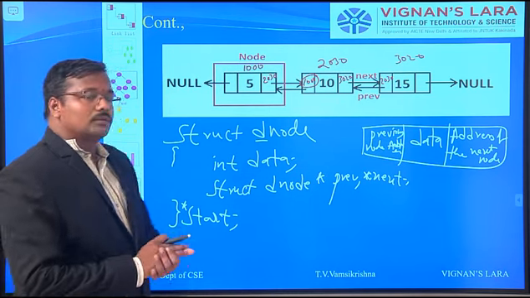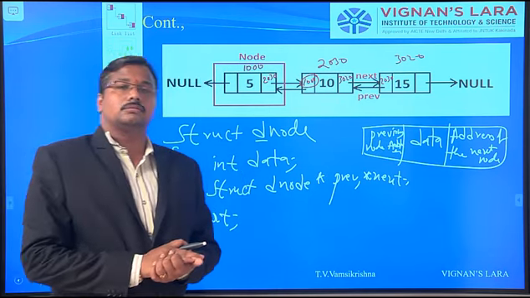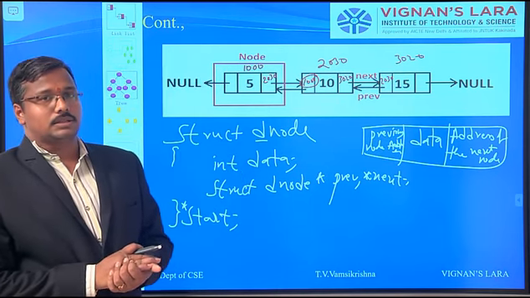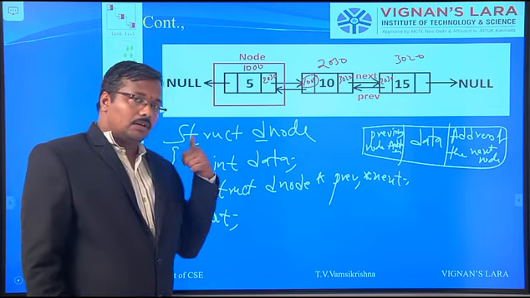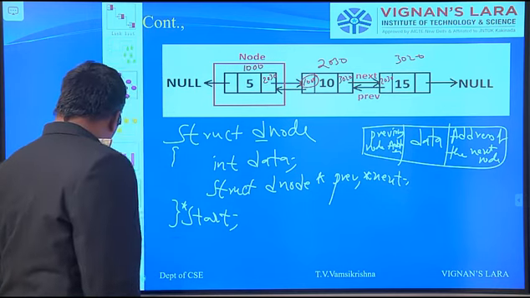So this is the way to create a node structure in a doubly linked list. So struct dnode star start is used for the starting node address.